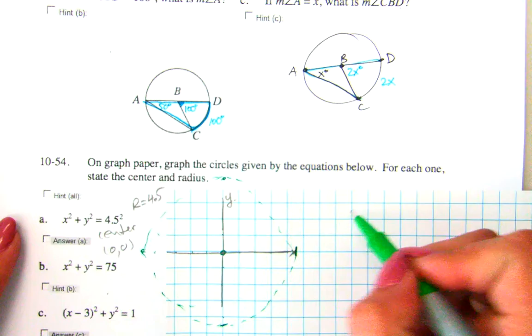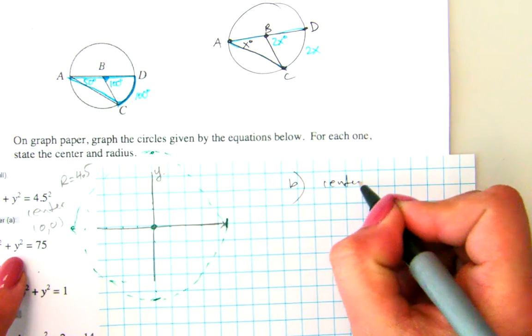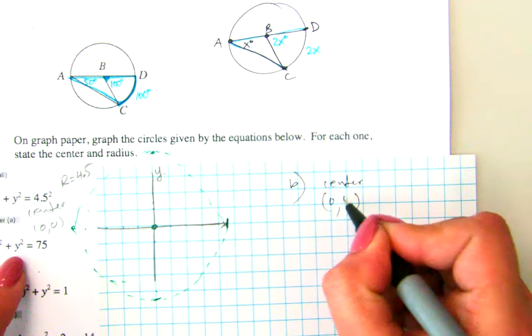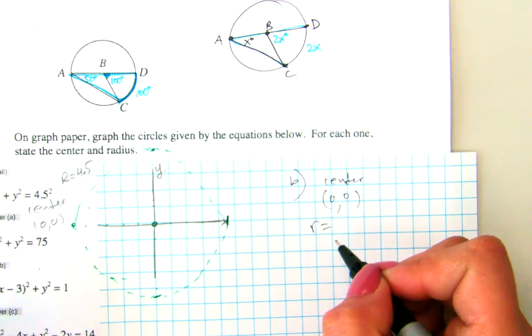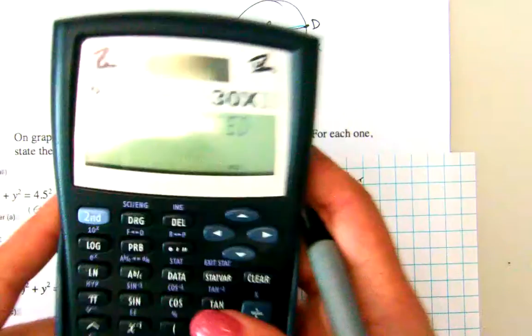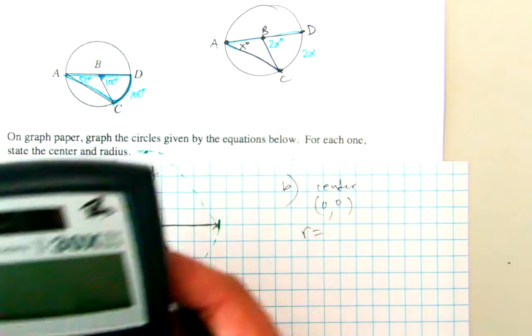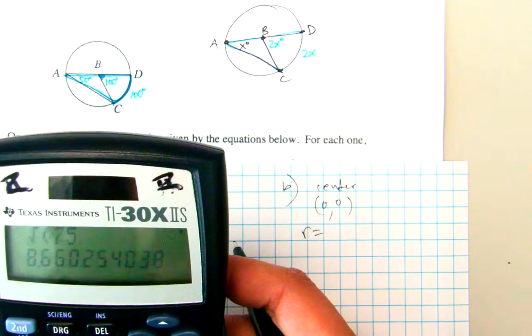Part B. Same thing. The center is going to be at 0, 0. Radius. What number squared is going to give you 75? I have no clue. So what is the square root of 75? 8.66.